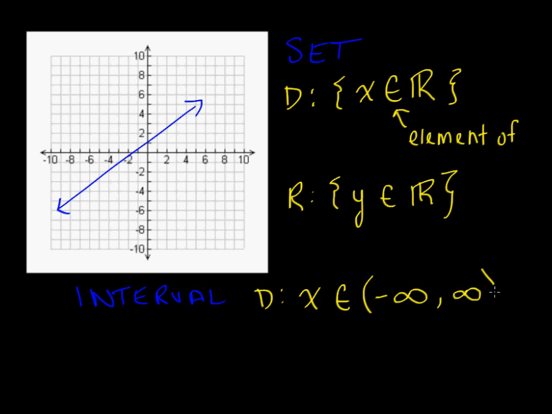So all numbers in between that. Now for infinity, we automatically use the open bracket. And we're going to see some other examples where we use the closed or the square bracket. But when we're using infinities, we're always going to use open brackets. And the range is going to be similar, but this time y is an element from negative infinity to positive infinity. And we're done.